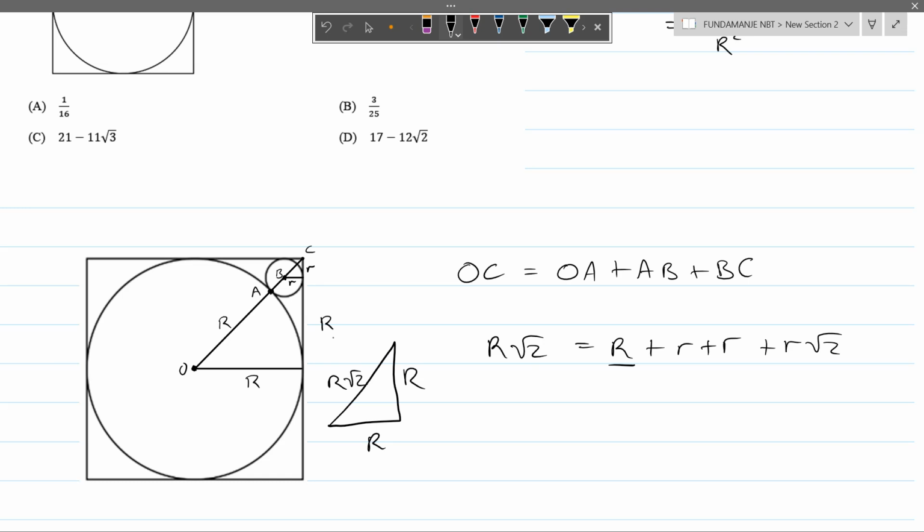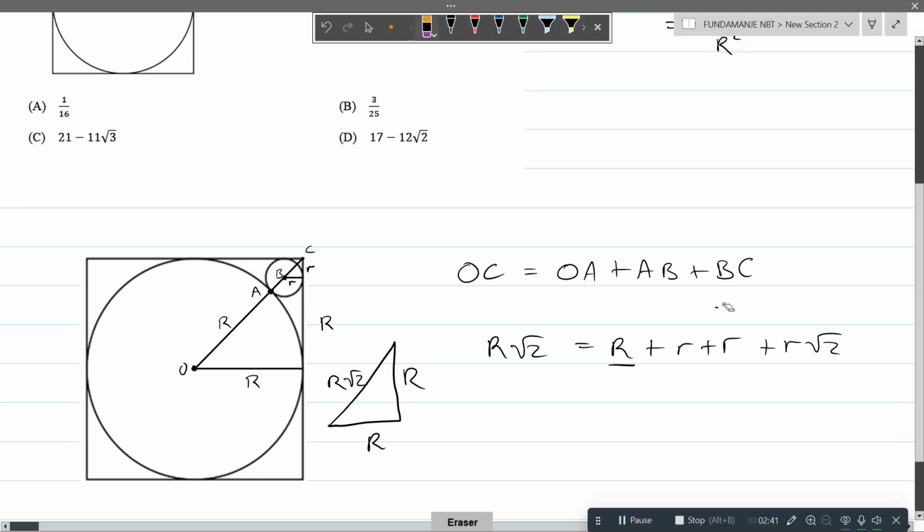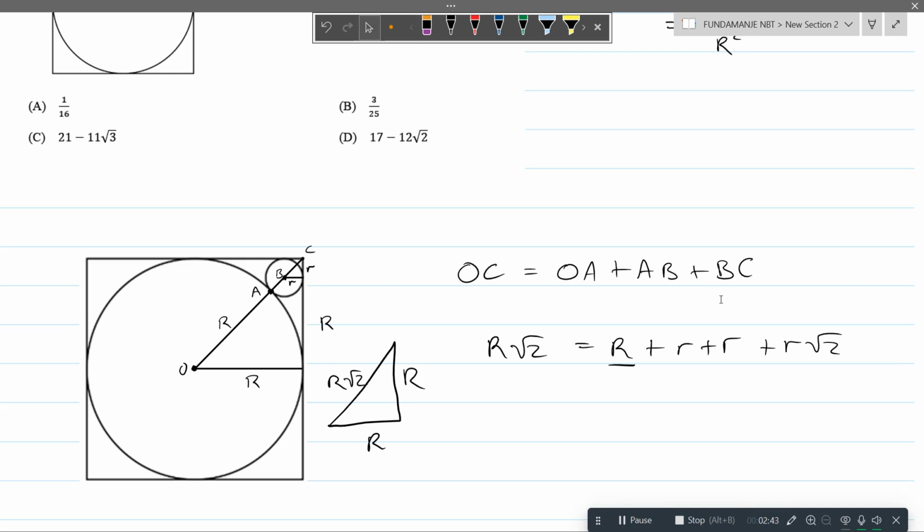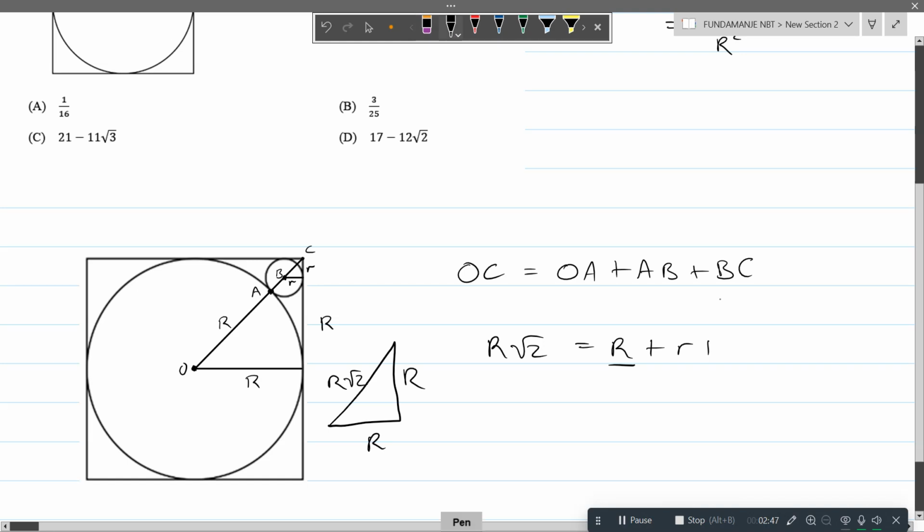And then lastly, okay, so there's a mistake here. This r was repeated twice, but we have the capital letter R, which is from O to A, and then we have the small letter r, which is from A to B, and then from B to C.